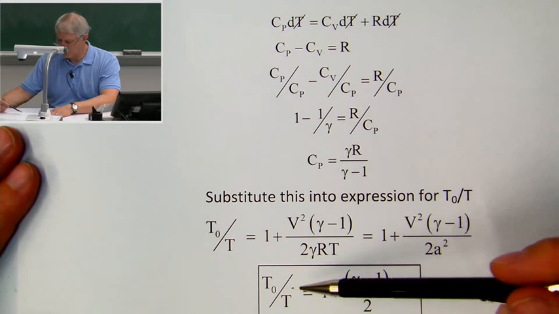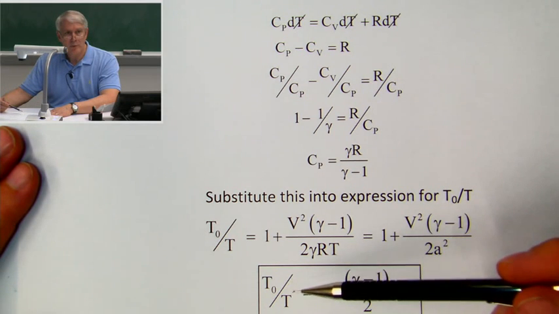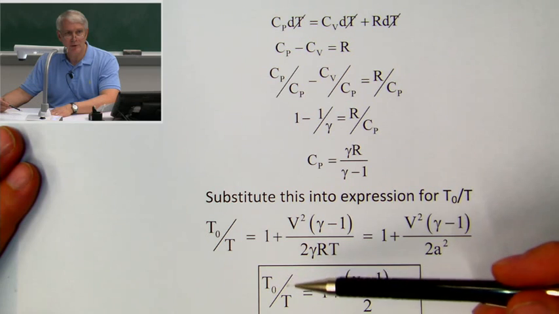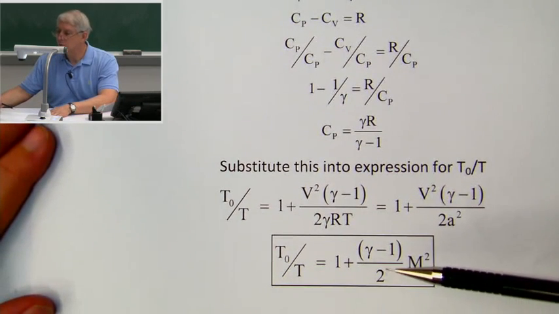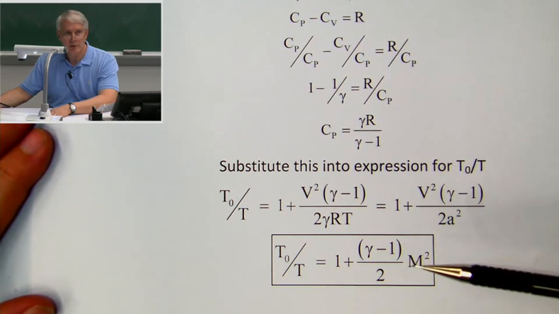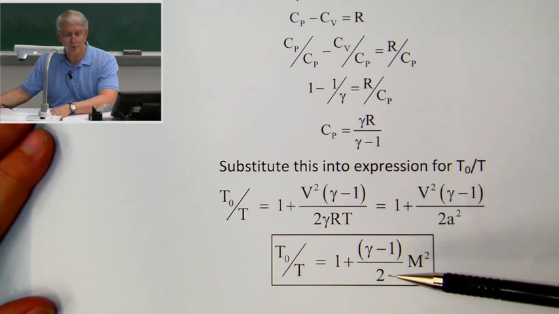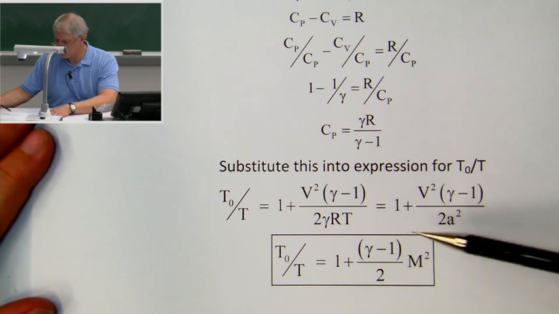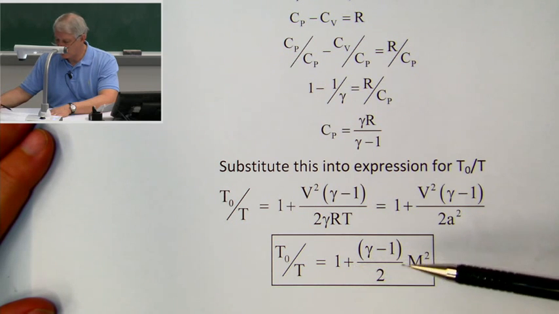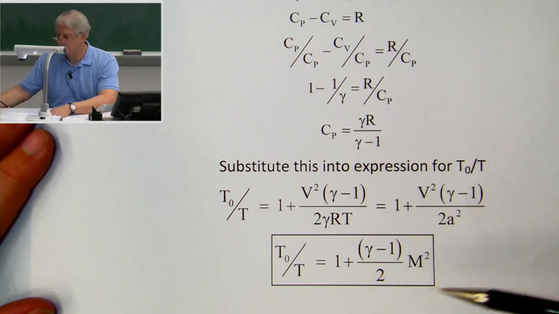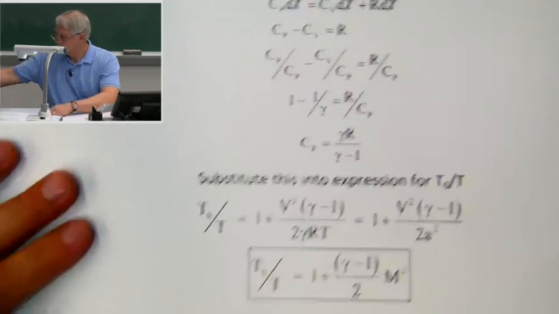So we come out with an expression for the ratio of the stagnation temperature to the temperature at any point in the flow: T0 over T is equal to 1 plus (gamma minus 1) over 2 times the Mach number squared. So we developed a relationship that tells us what the temperature is as long as we know what the Mach number is. Okay?